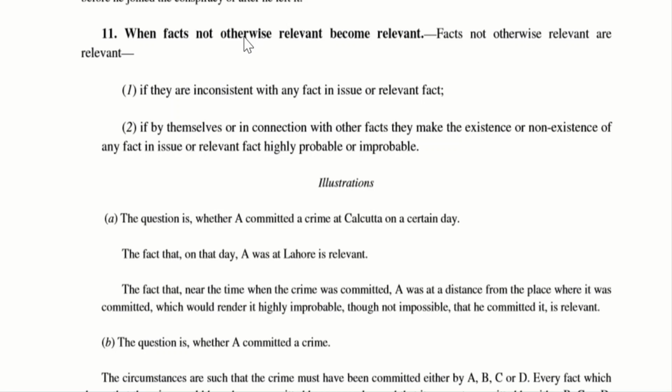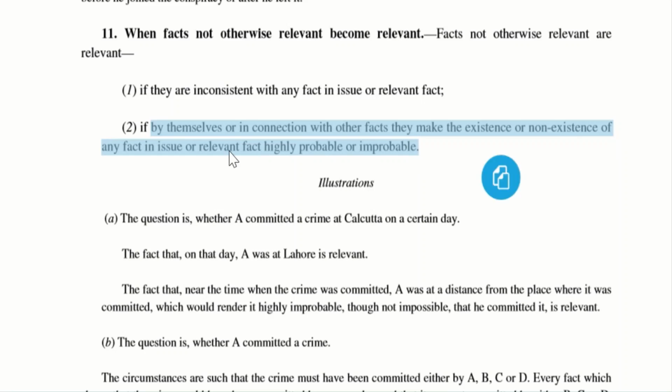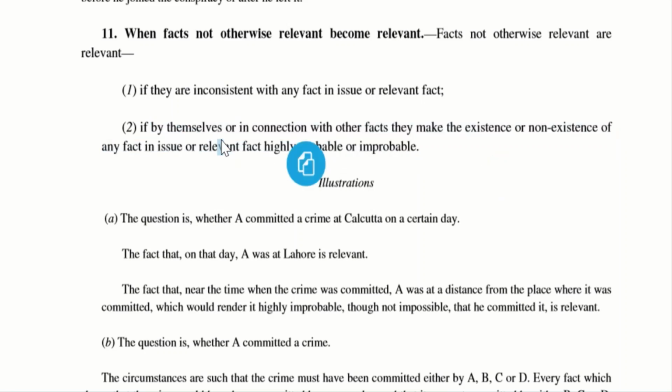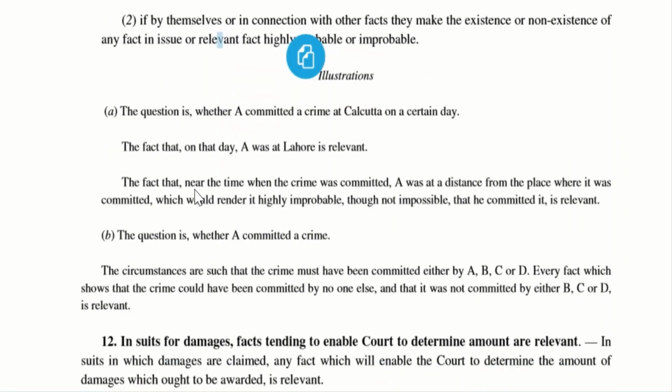There are two instances where it becomes relevant: if they are inconsistent with any fact in issue or relevant fact. And the next is if by themselves or in connection with other facts they make the existence or non-existence of a fact in issue or relevant fact highly probable or improbable. There are two scenarios. Now let us see the illustrations.